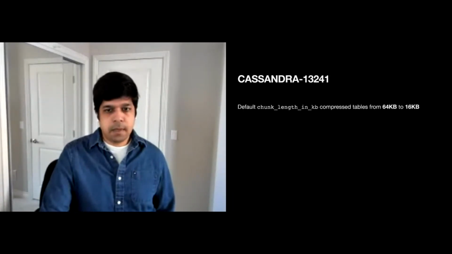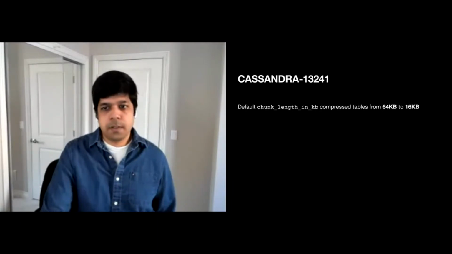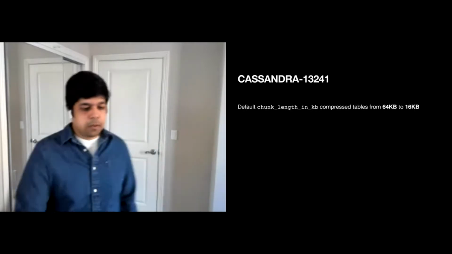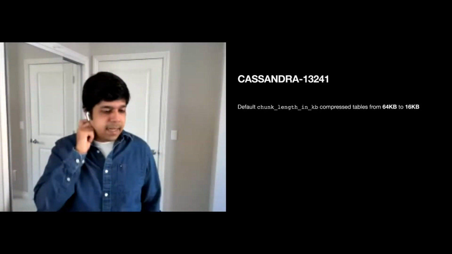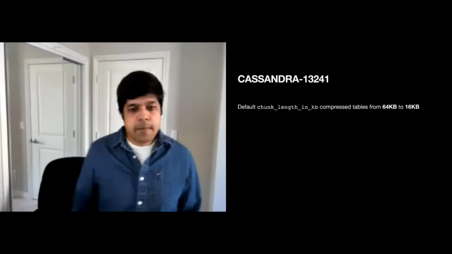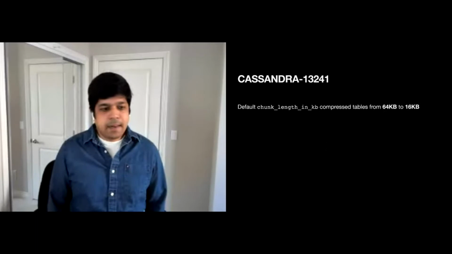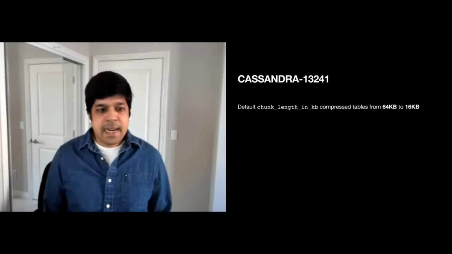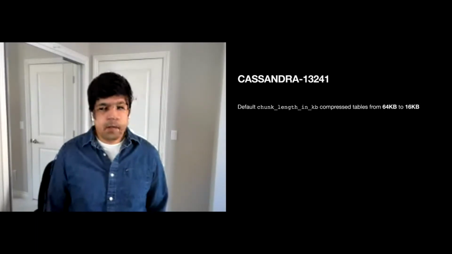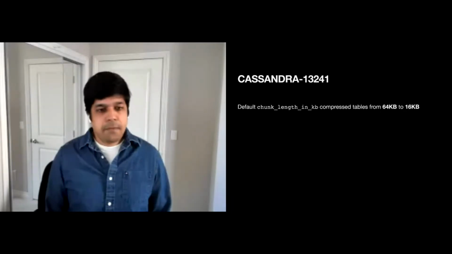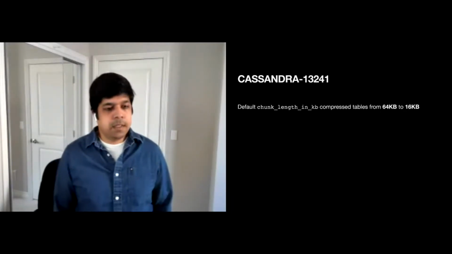The default chunk length in KB for compression is going to change from 64 kilobytes to 16 kilobytes. For those who are not familiar with this setting, this basically controls the compression chunk in Cassandra. And why is this relevant? It's relevant because for 80 to 90% of Cassandra users, they store small values in Cassandra.